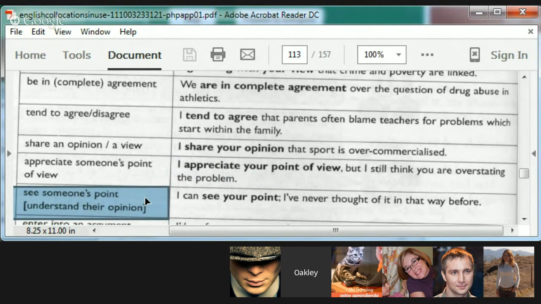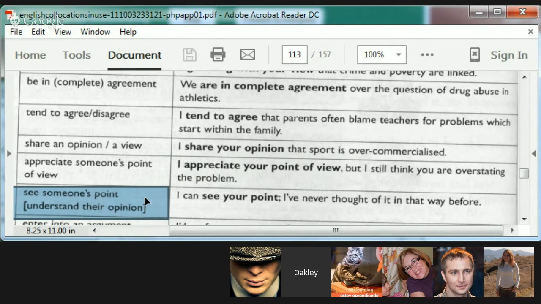Okay, Sasha, back to you. I see your point. I can see your point. I've never thought of it in that way before. What are other ways that we can recognize someone else's opinion? Maybe using point. Are there other ways we phrase this?